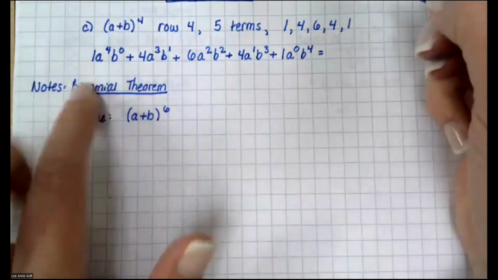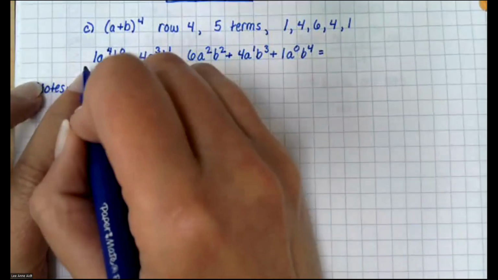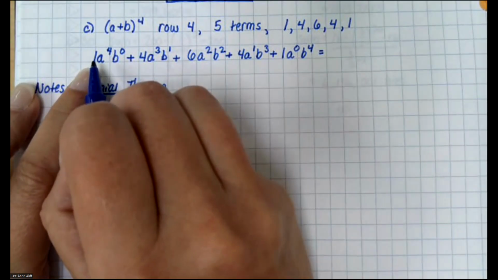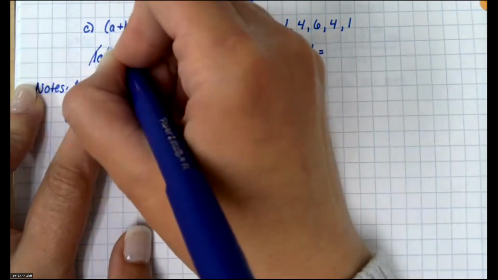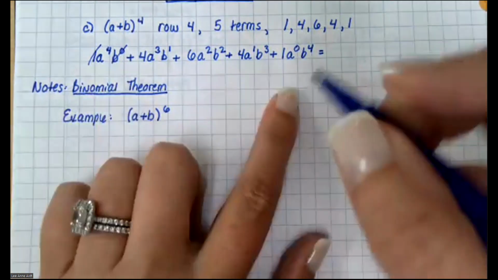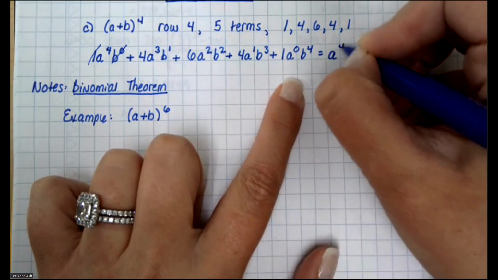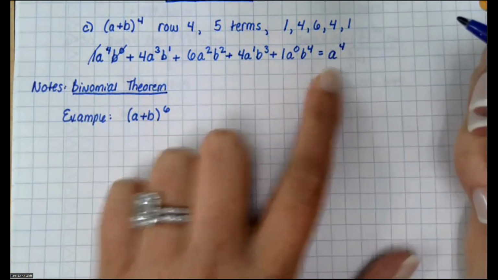Okay, now we're just going to clean this up. This is a 1, correct? What is b to the 0? 1. Okay, so I'm going to just lightly cross those out. The front is just going to be a to the 4th.